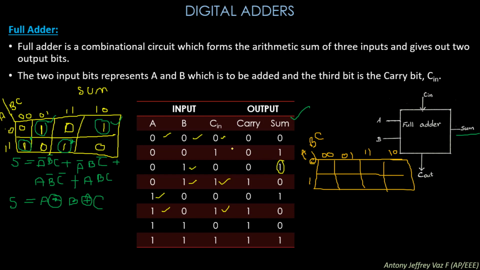So for this stage, you can map only the ones, then it will be easy for you.